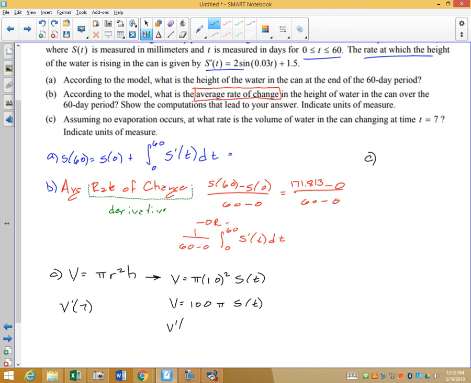What would v prime be? It would be 100 pi s prime, right? 100 pi is a constant. And then v prime of 7, we'll just plug 7 into that. So it's 100 pi times s prime of 7, which we can throw in the calculator. What would the units be?